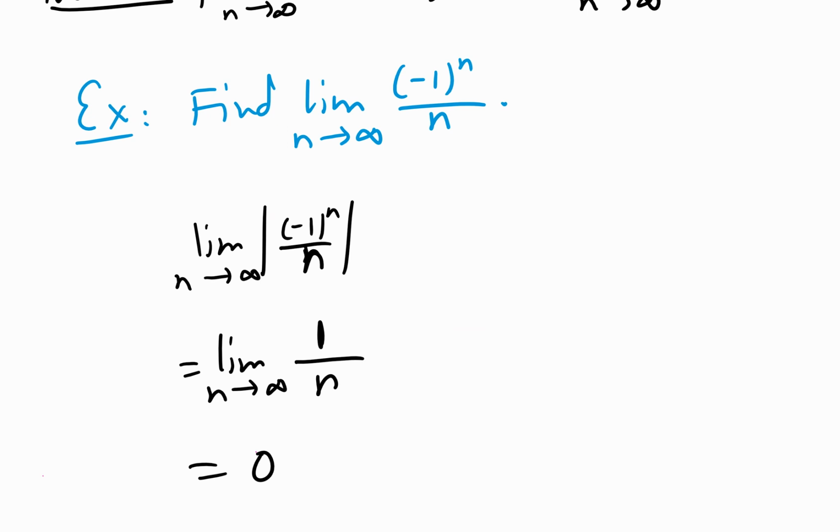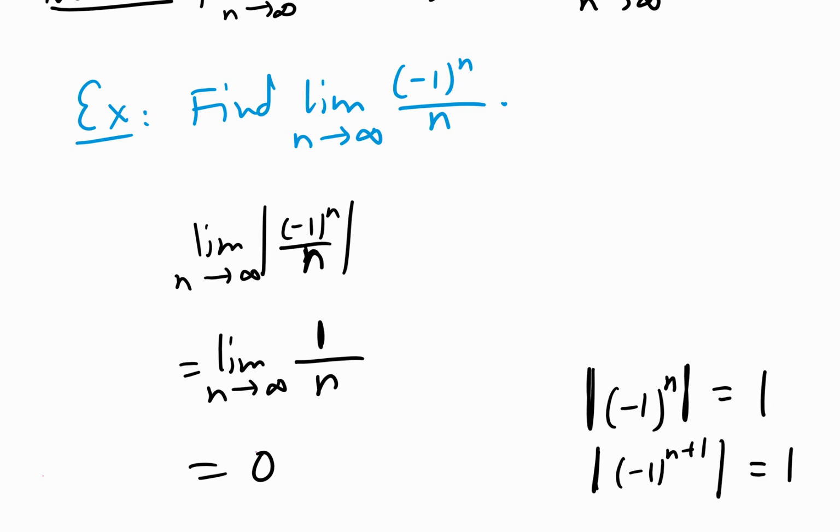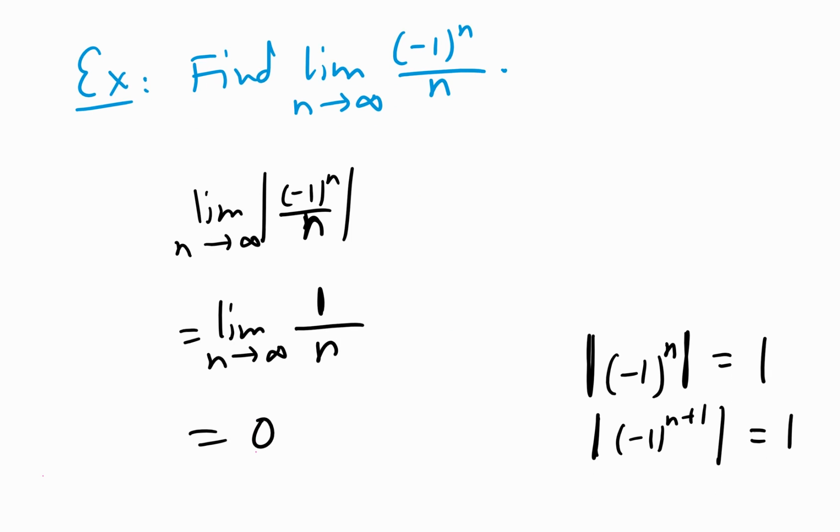On the side, negative 1 to the n plus 1, or negative 1 to the n minus 1, when you take the absolute value, still gives us 1. So the limit of the absolute value as n approaches infinity gives me 0.